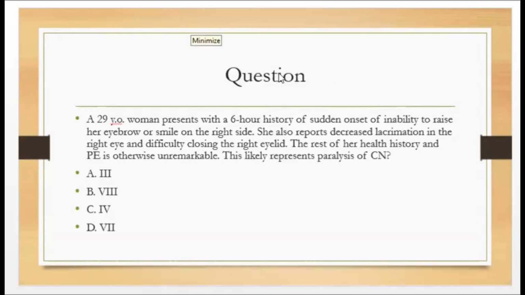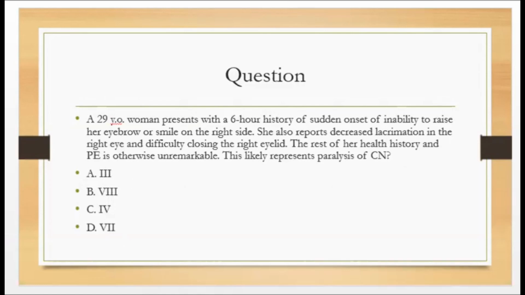So what condition are they talking about? So this is 3, this is 8, this is 4, and then 7.